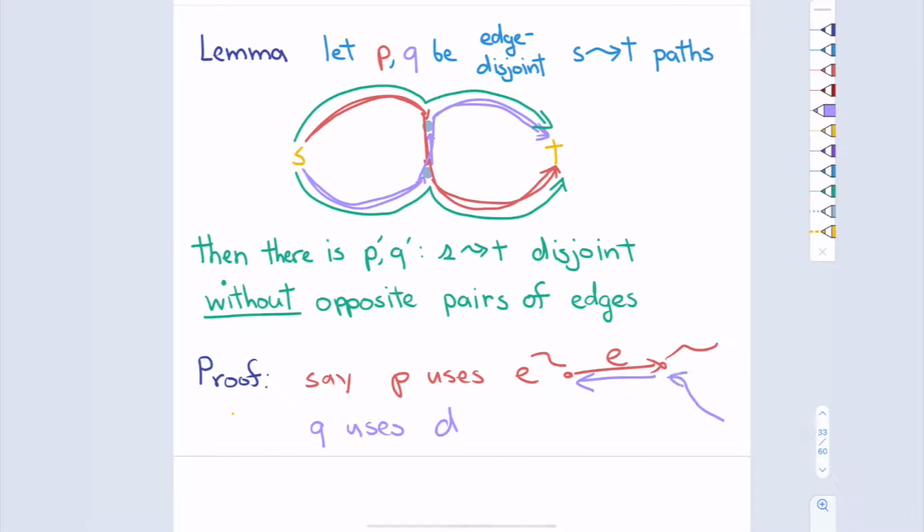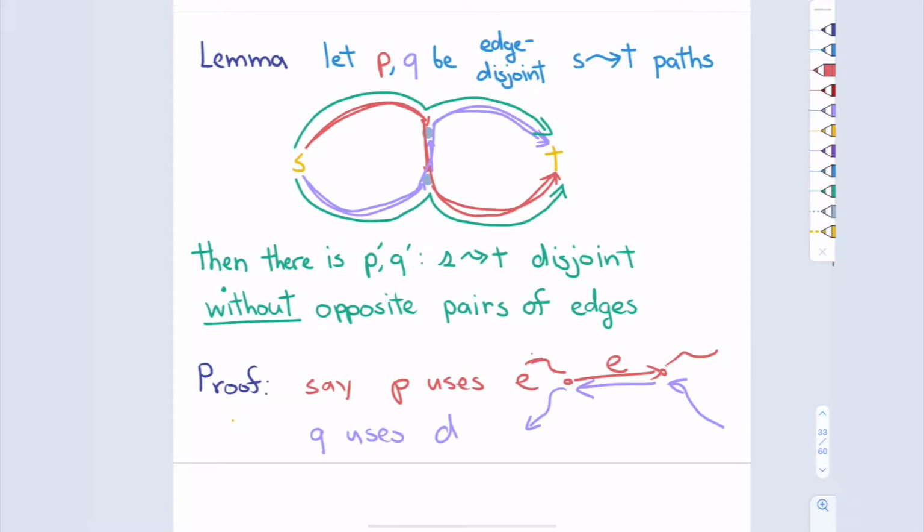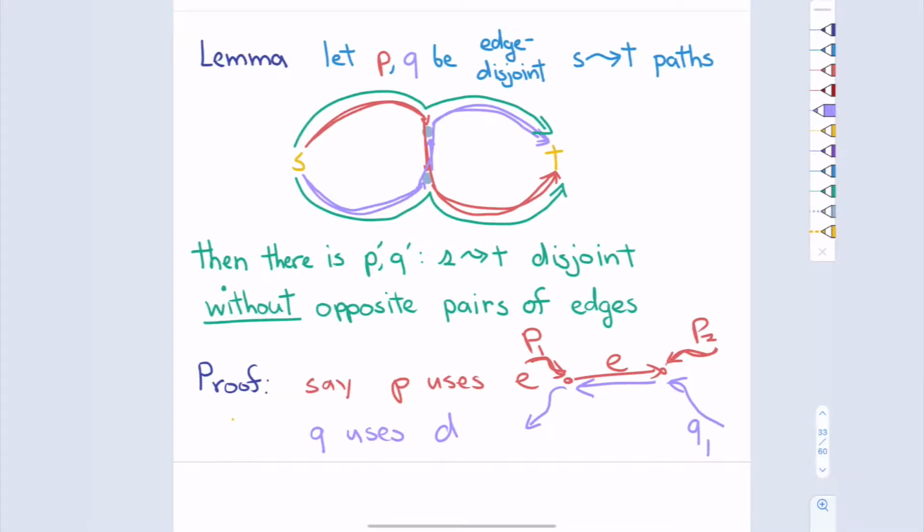So Q is coming in like that. I can always get rid of this opposite pair of edges. I'll call these P1 and P2. So P goes P1, then E, then P2. And on the Q side, it'll go Q1, then D, then Q2. So Q1 and Q2 represent parts of the path.